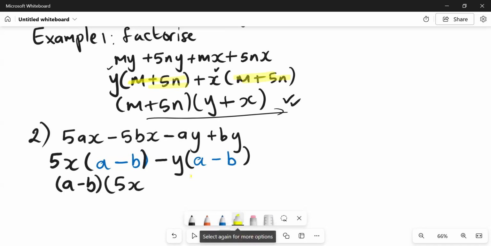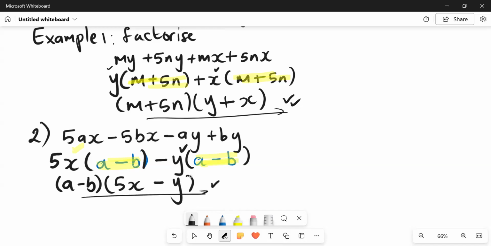We're done with this. I prefer to cancel so that we can see what we're left with. Here we're left with 5x. I've written 5x already. Cancel again a minus b. Now I'm left with minus y. That's it. Fully factorized.